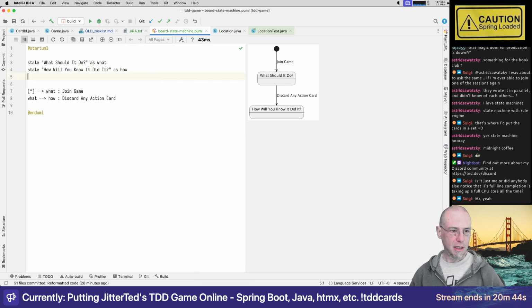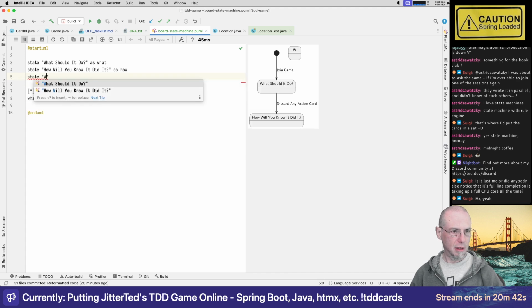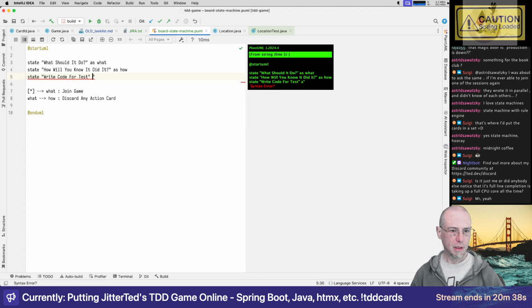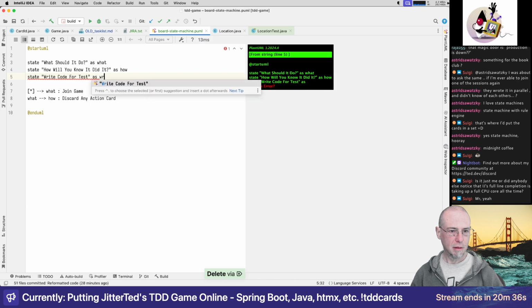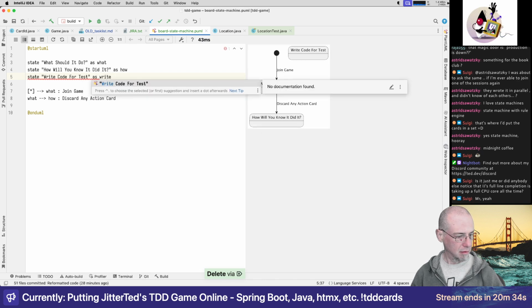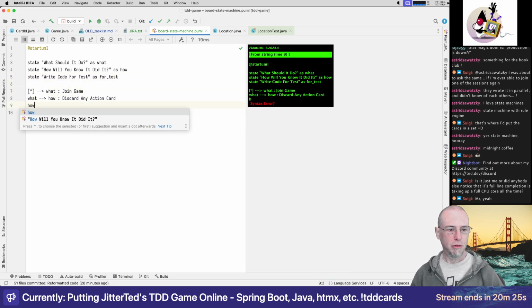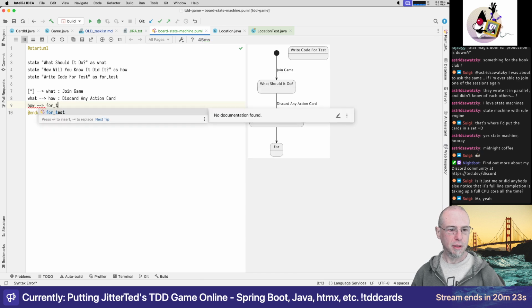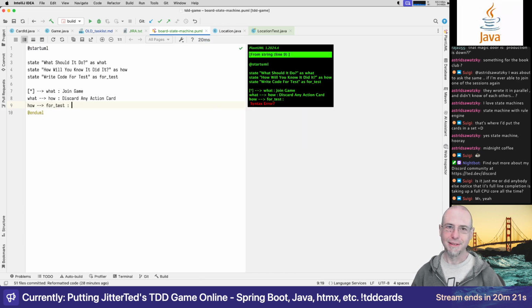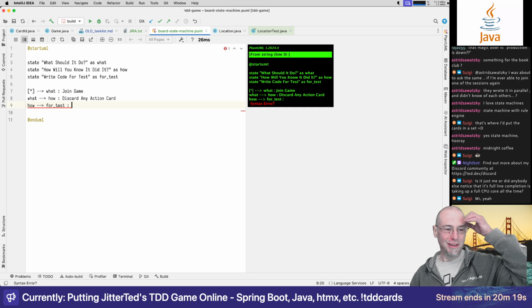So the next state is write code for test. So to go from how to for test, not text. Old habits die hard.